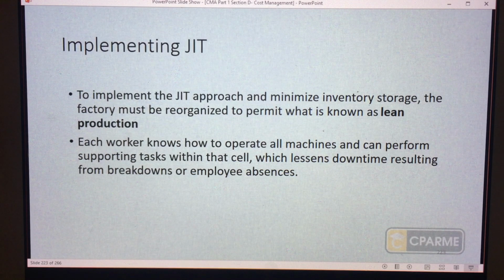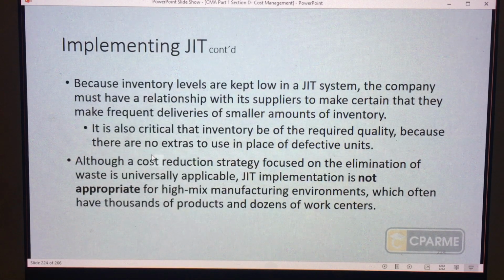So they can do the task, which is why this highlights lean production.